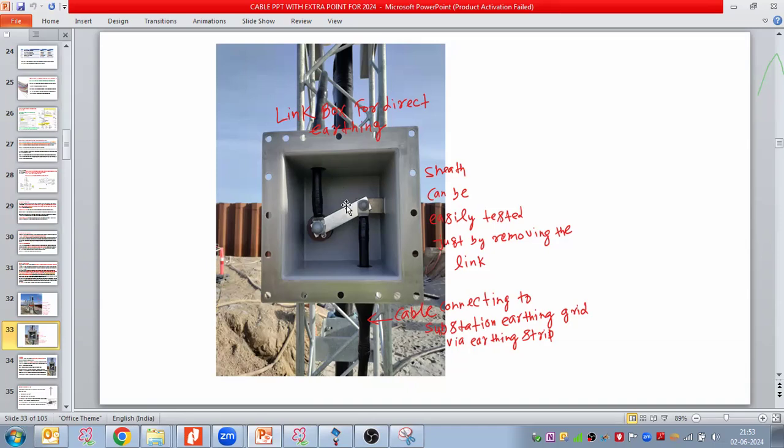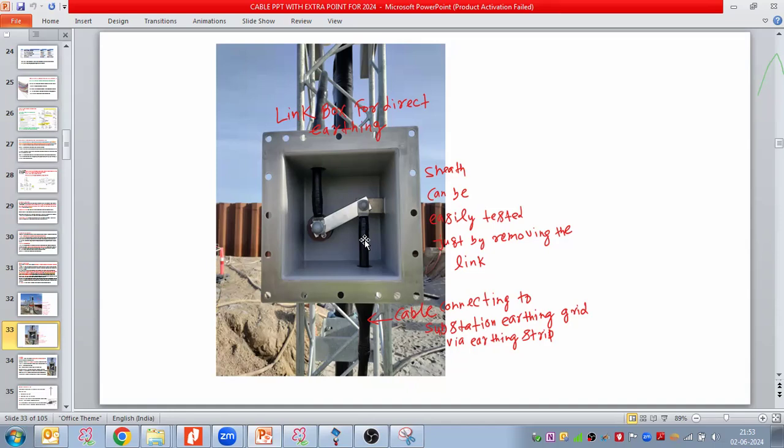This link we can remove. This is the example of solid earthing, because the cable screen is coming and directly connected to the ground. So this is solid earthing.